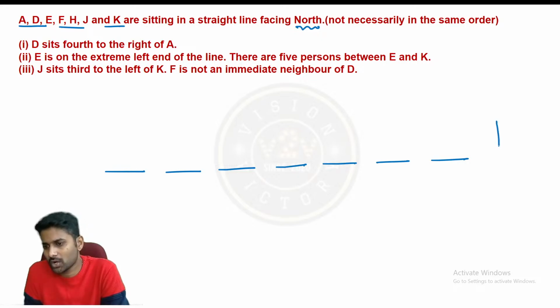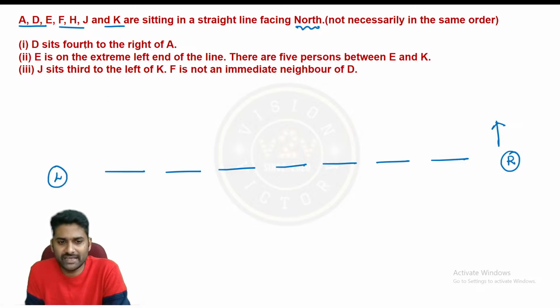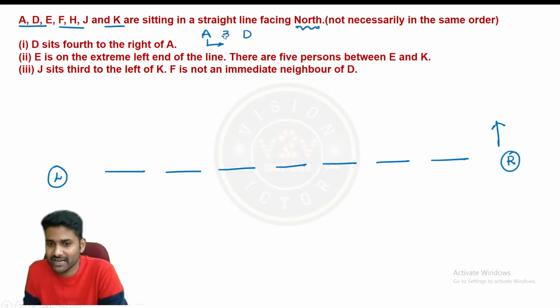All are facing north. Now see, D is fourth to the right of A. Guys, you should understand that if you place A, D should sit exactly to the right of A. Why? Because D is fourth to the right of A. Exactly fourth position means there are 3 people between A and D.